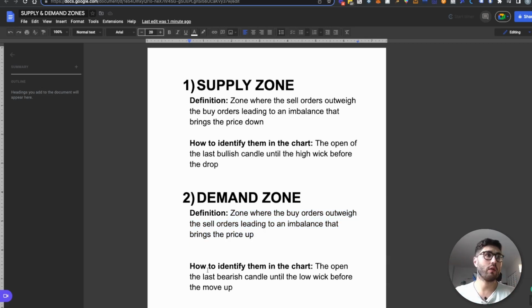So how do we identify that in the chart? It is the open of the last bearish candle until the low wick before the move up. We're gonna identify that in the chart right now so you can easily understand.